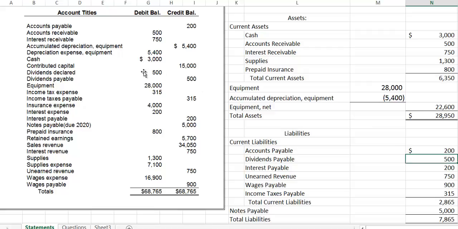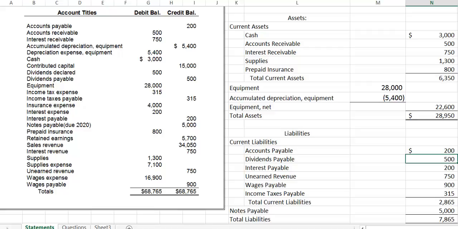We could have declared and paid dividends throughout 2009, and only the last set of dividends declared might remain unpaid. But all we know in our question is what we declared during 2009 is still unpaid. So we have to have a liability for the full amount. The point is, it's not always the same that dividends declared is equal to dividends payable. It just so happens in this case that it is, because everything we declared we did not yet pay.